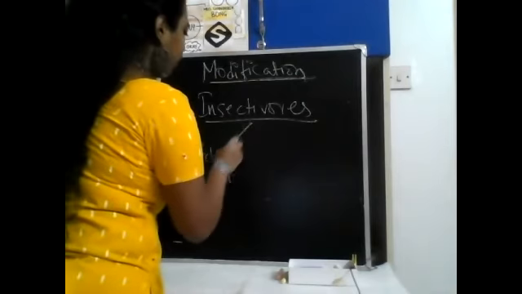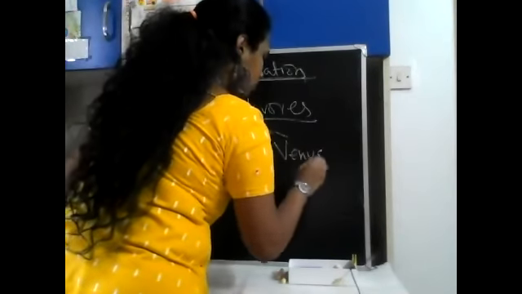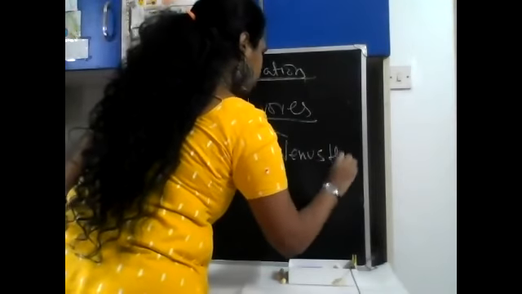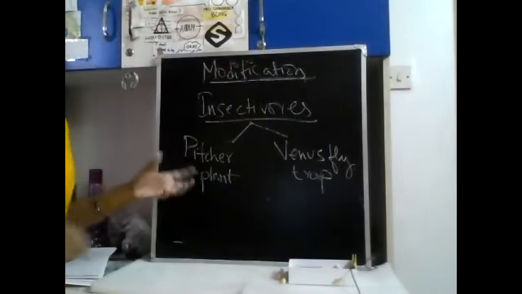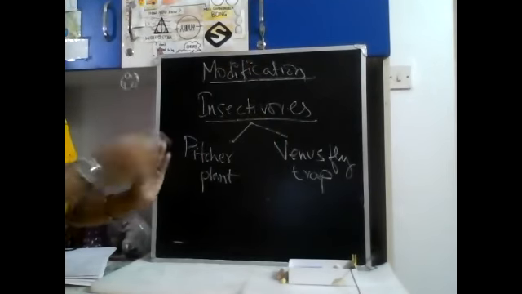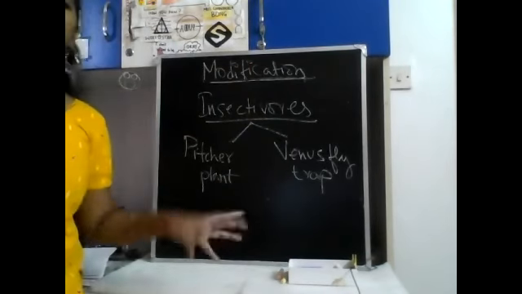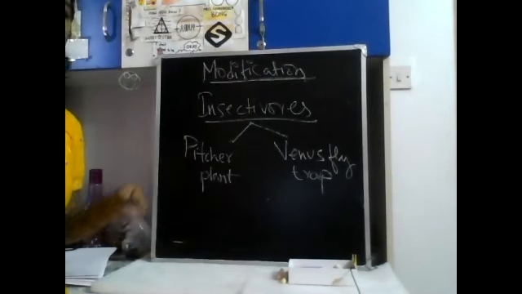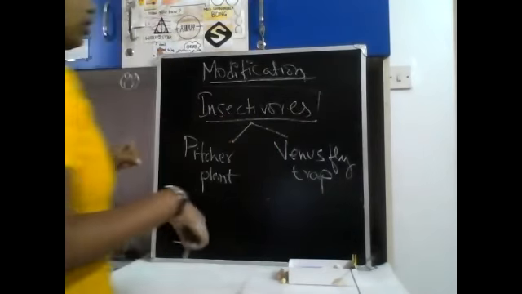Okay. Then we have Venus flytrap. And this one has two flaps with teeth at the border. Both of them are modified in such a way to capture insects. Okay, so that is why they are insectivorous plants.